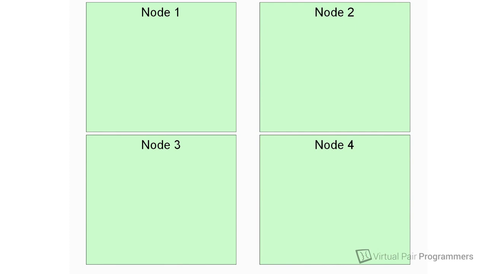So, for example, we might have 4 nodes. Now, up until now, we've been on a single host system and we've been running commands such as docker container run. The big difference in a Docker Swarm is that we'll log on to one of these nodes and we're going to issue commands to Docker Swarm.